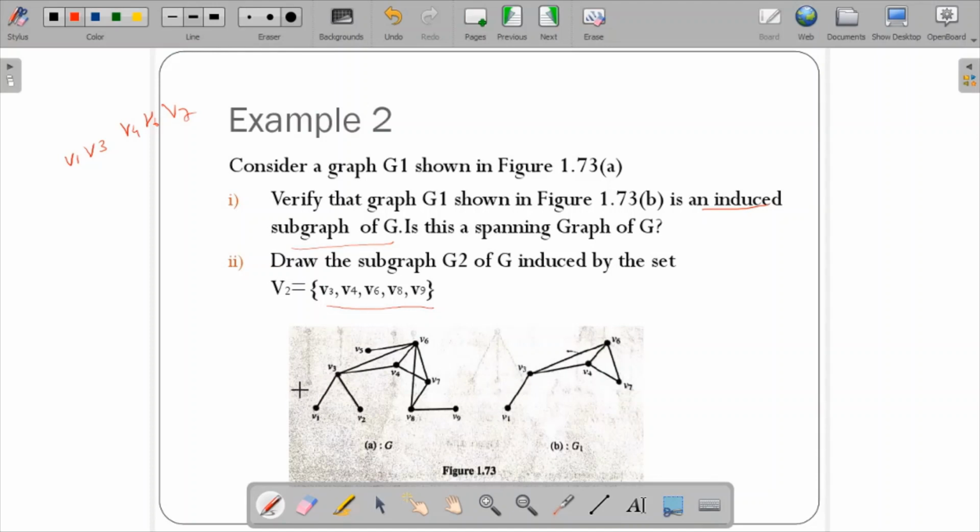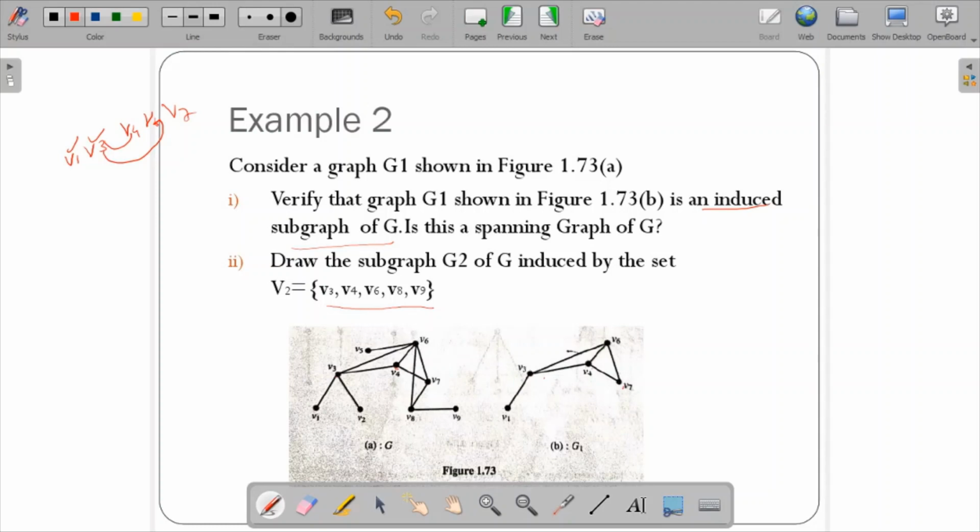Then v3 to v4 and v3 to v6, yes, they are there. Then v4 to v6, v4 to v7 and v4 to v3 are there.